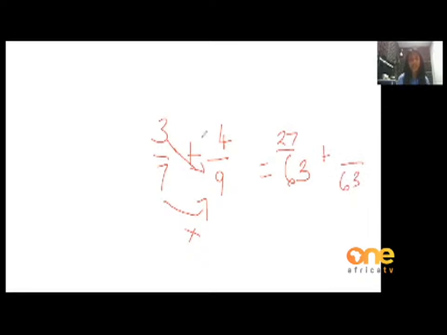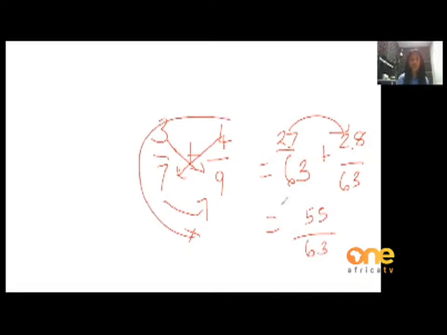Then I say 4 multiplied by 7, and 4 multiplied by 7 is going to give me 28. And so I add these two up, and 27 plus 28 is going to give me 55 over 63. So if I have to add fractions, I have to first start off by making sure that the denominators are the same. Well, that applies for adding or subtracting.